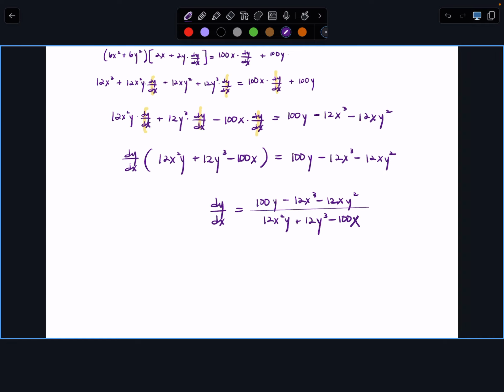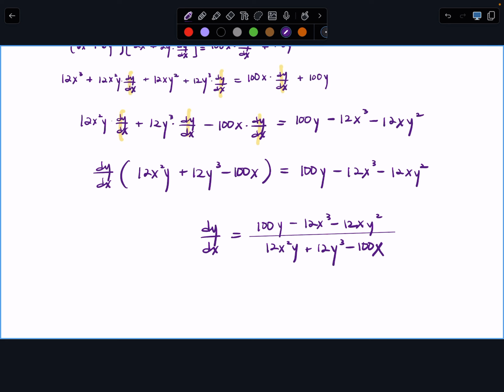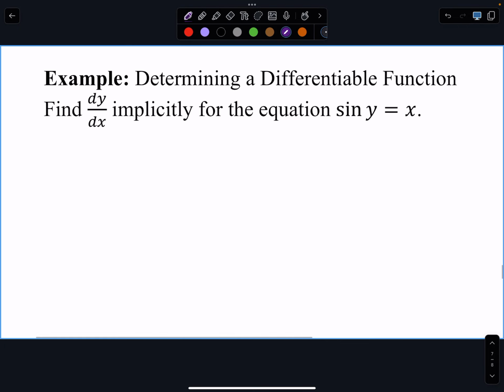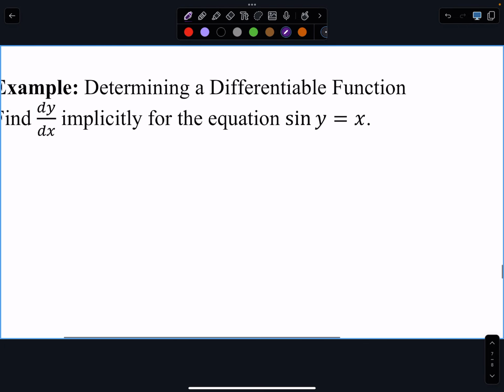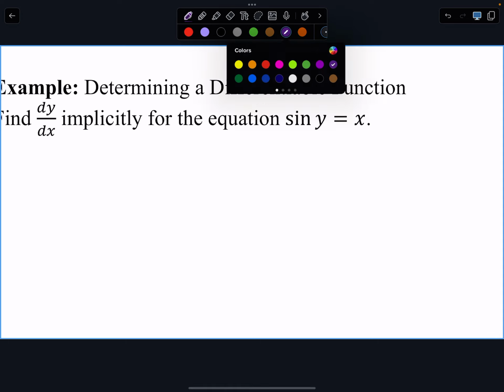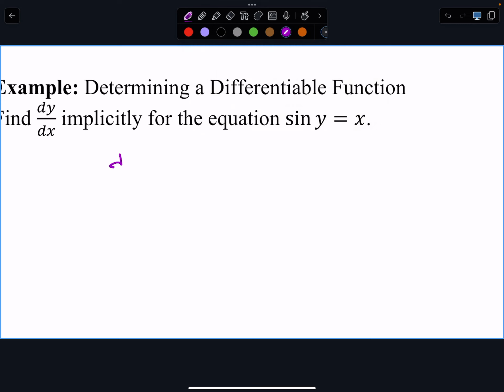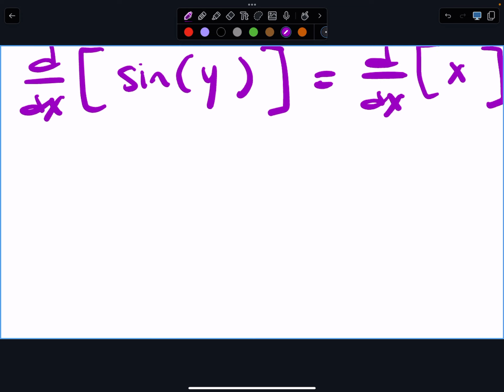Okay, just to make, and like Drew just requested, I can post these notes. This last one: sine of y equals x. Not even thinking about what this represents necessarily, if we're just thinking about differentiating with respect to x, we think, okay, chain rule.